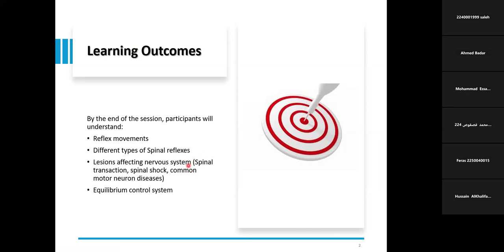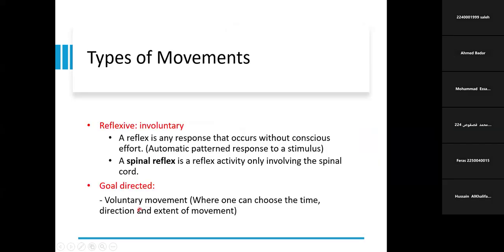And we will have one line about physical therapy in each of them. In between, we will discuss a small topic about control of balance or equilibrium and the control of different things by the hypothalamus in our body.